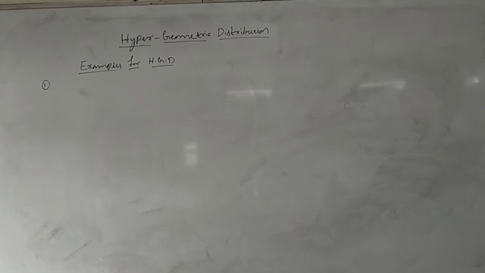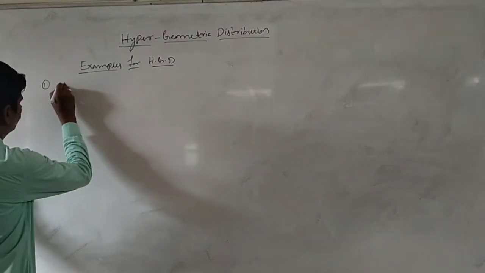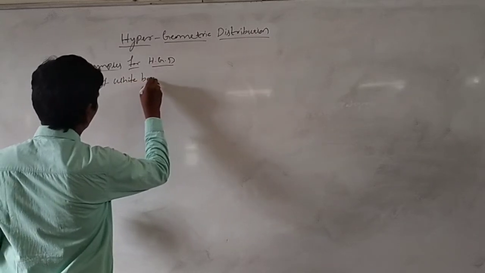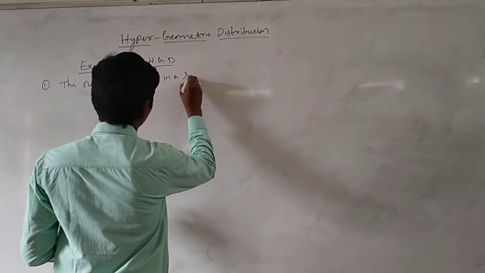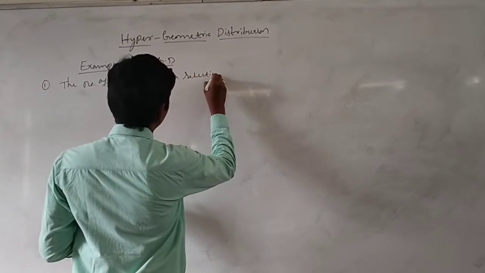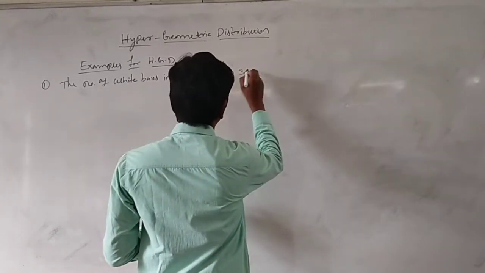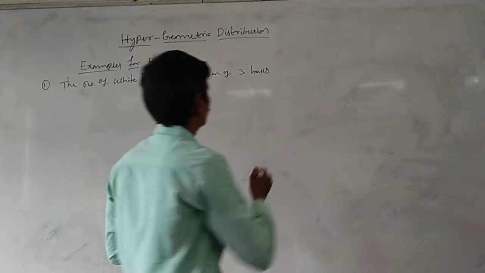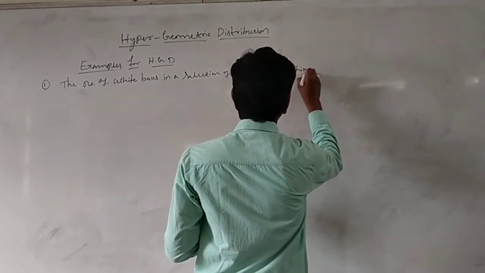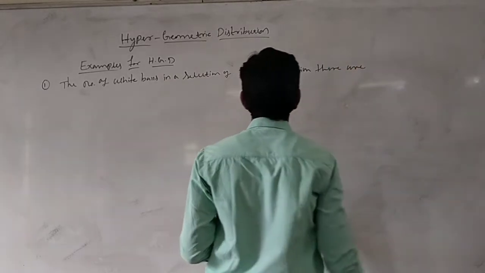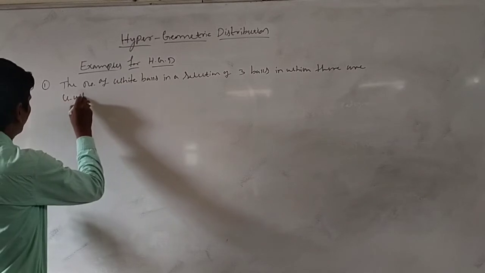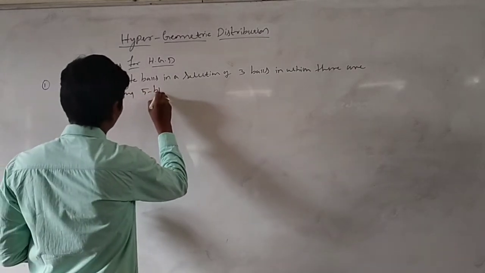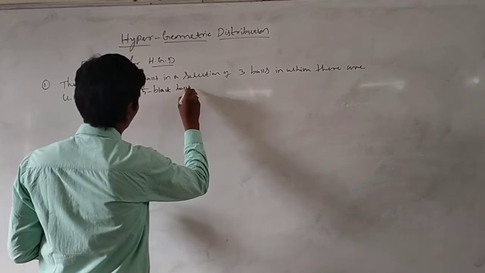The number of white balls in a selection of 3 balls in which there are 4 white balls and 5 black balls in a box.